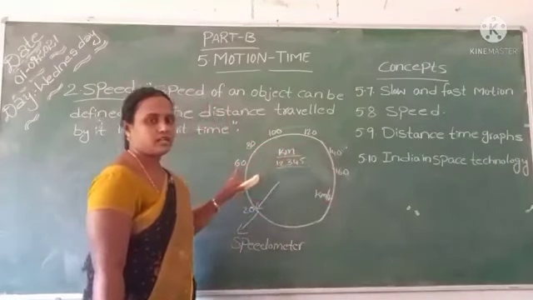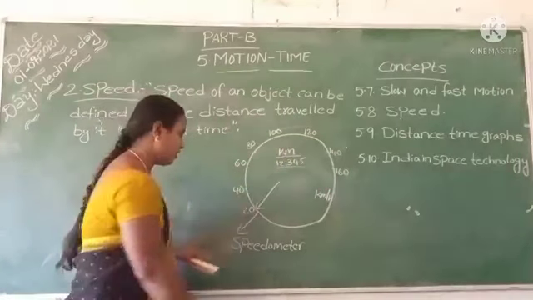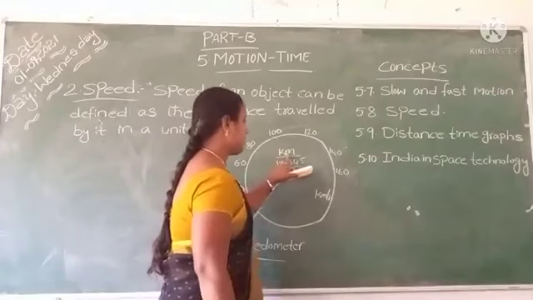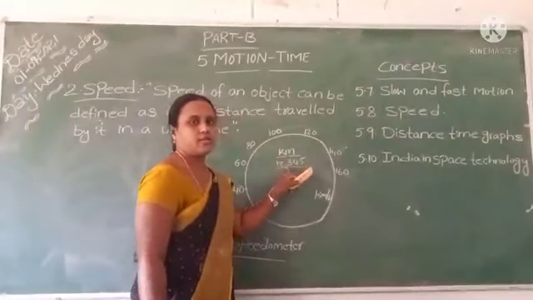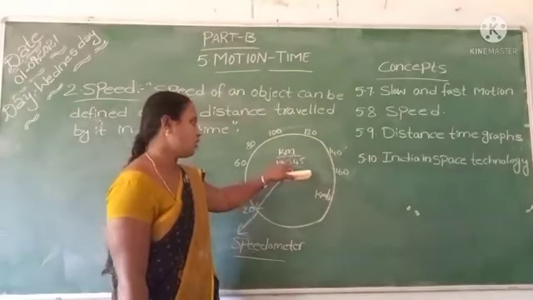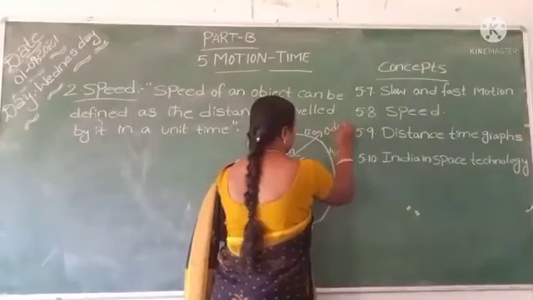Like this we are traveling. How fast we are going on the bike, it shows. So that we call speedometer. Then how many kilometers we have travelled on the bike in total distance, this is called odometer.